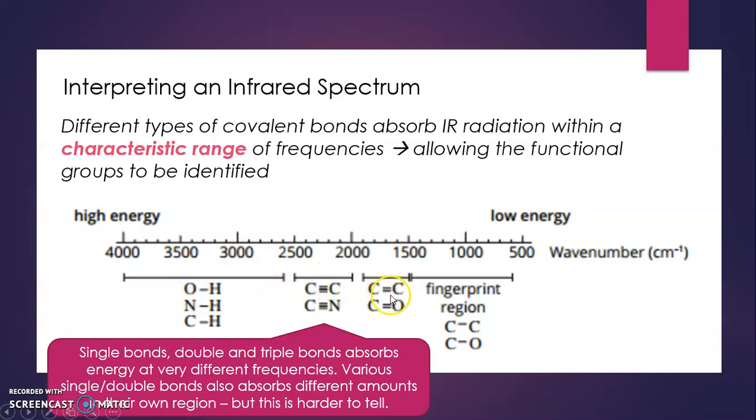So that's normally how we use IR. We use it to identify, oh, this peak could be the single bond here, that peak could be a double bond, and then with the assistance of an empirical formula or a molecular formula, we are able to guess what kind of bonds result in what kind of absorption.